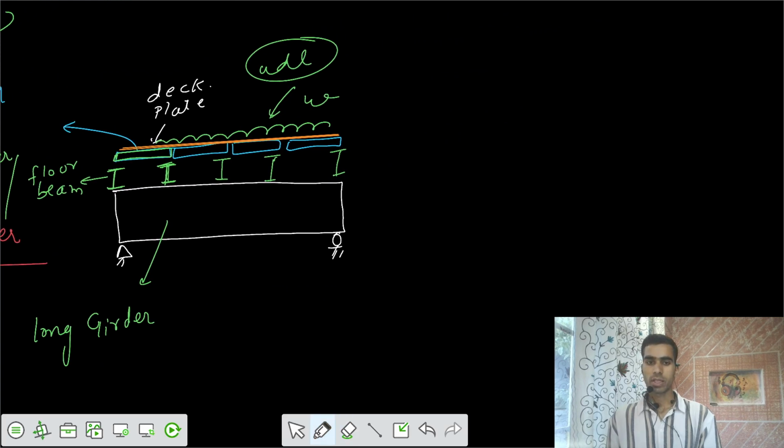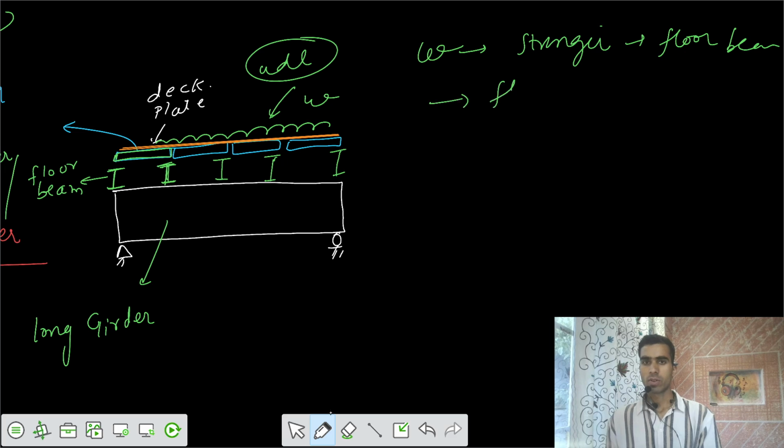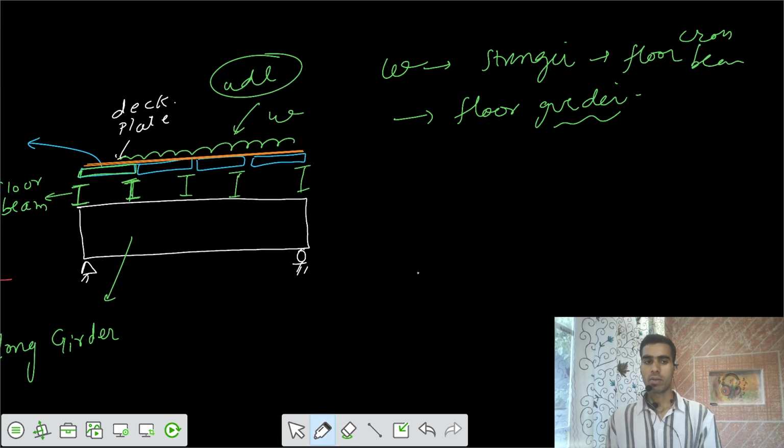So the loading goes from stringers to floor beams, then to the floor girder. That is, we have some cross beam, and we have some main girder. So this is the load mechanism, and after that from the girder we transfer the load to the supports.